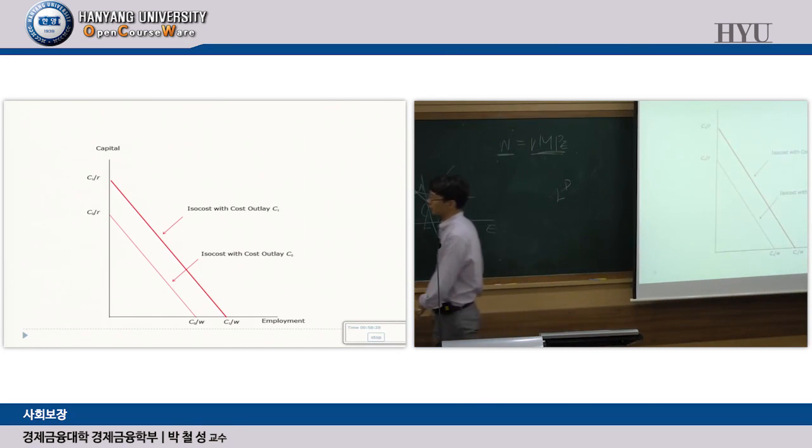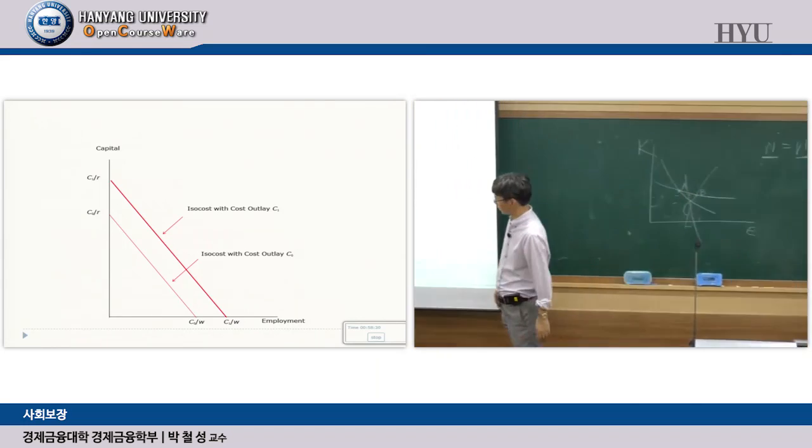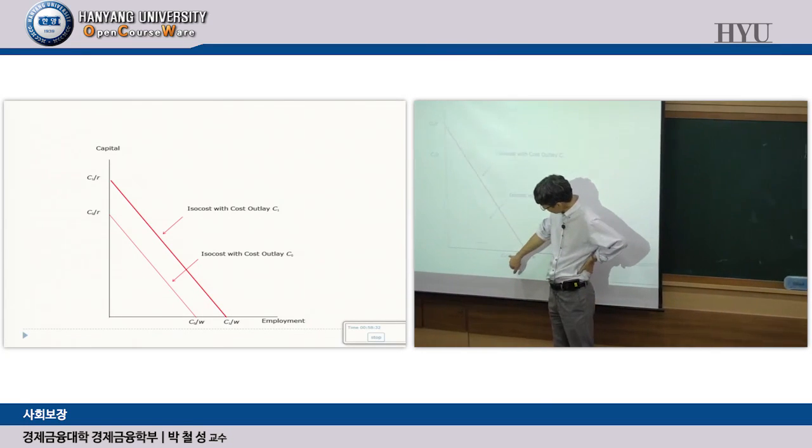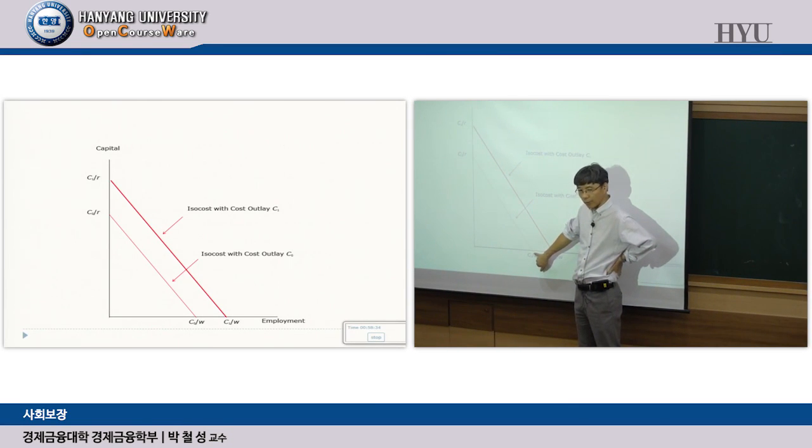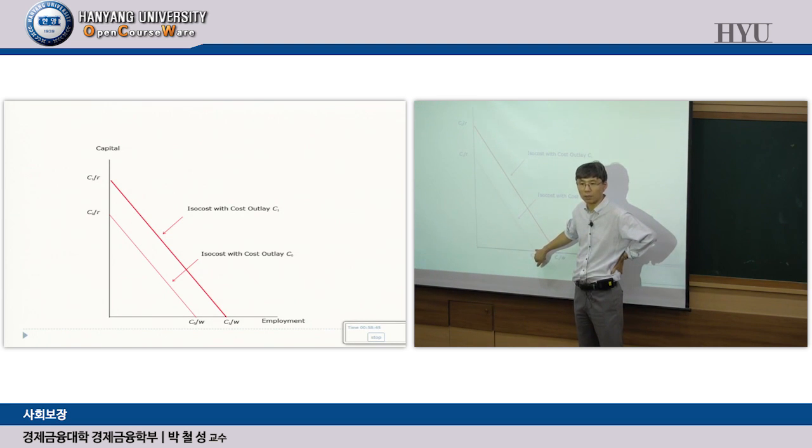Now think about it. How do you get the slope? Actually easy. Let's say your cost is C0, and if you have no capital input, then your labor input is going to be the total cost divided by the wage.